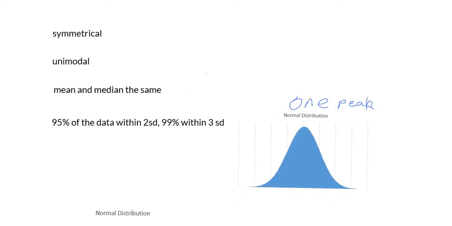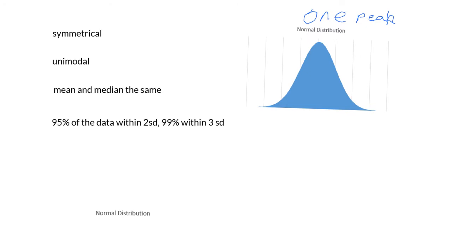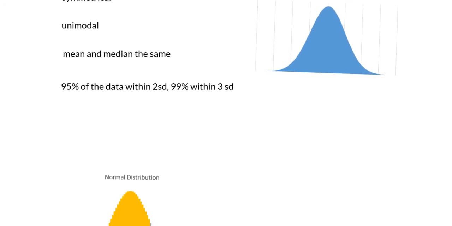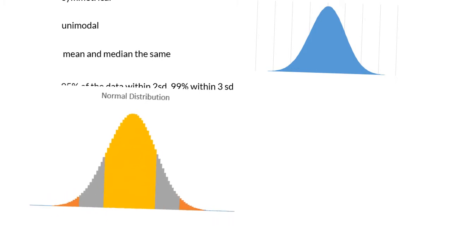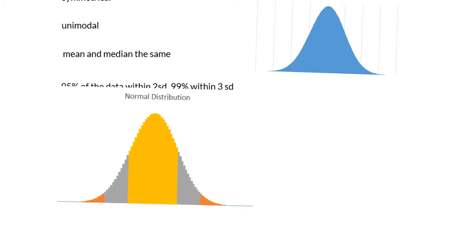So if we look here, we can see that we've got the standard deviation lines. But a lot more clearly is if I look at this one here, which I've taken a histogram that's slightly bumpy. Here we see the yellow is within 1 standard deviation, the grey is between 1 and 2 standard deviations.